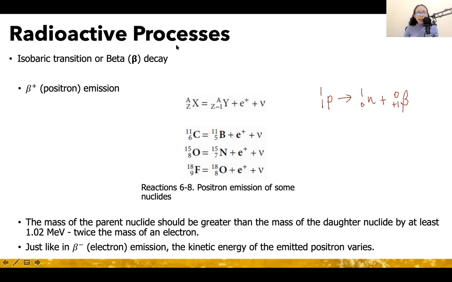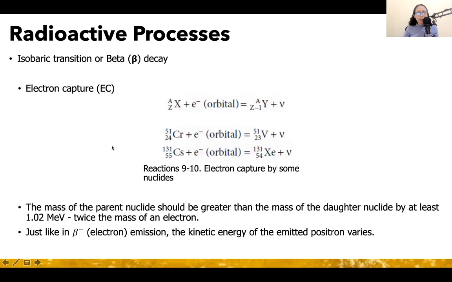Okay? And the last isobaric transition is called the electron capture. So the electron capture is quite different, okay? What happens is that you have the nucleus of your parent nuclide snatching an electron from one of your innermost orbitals.